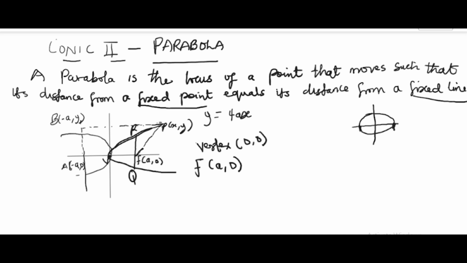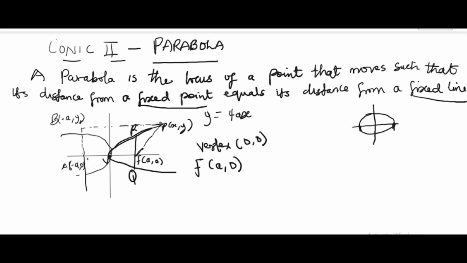In this case, we can either have the focus to be negative or positive, as the case may be. So you've understood what focus is. Somebody may be asking, but if we have one focus, why do I have (minus a, 0) here? I'm coming. I'm going to explain that.